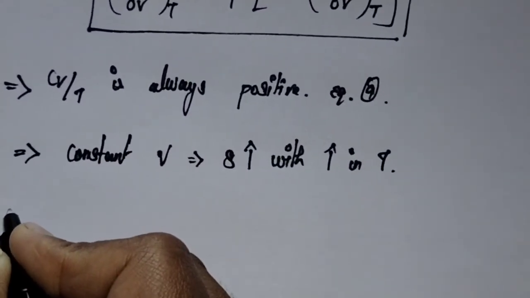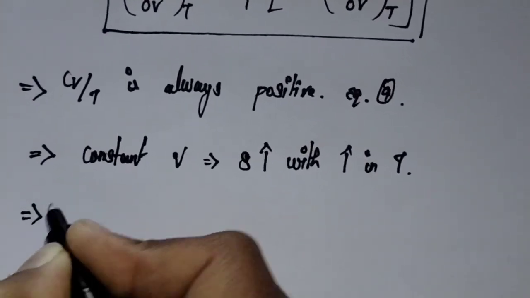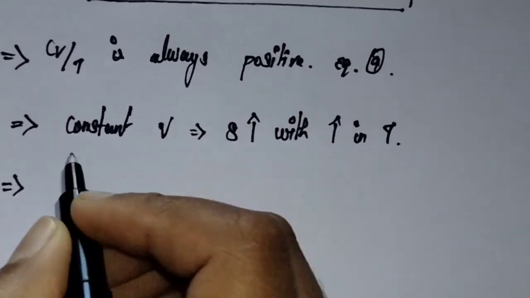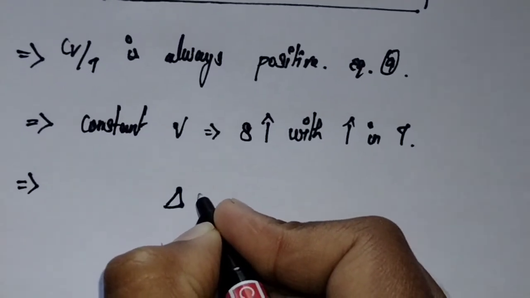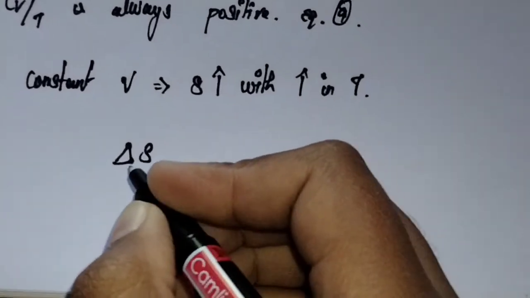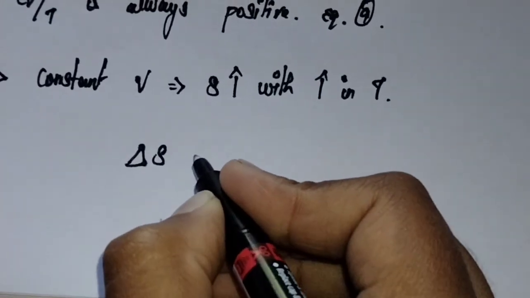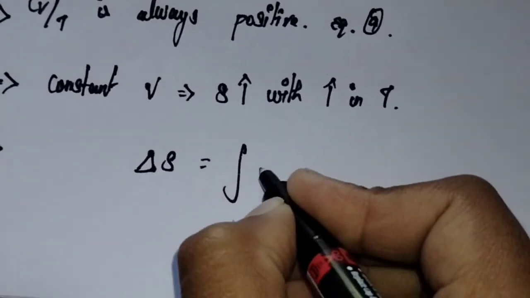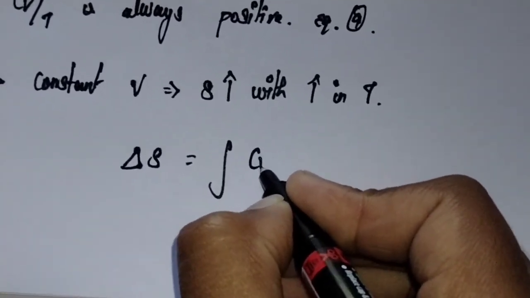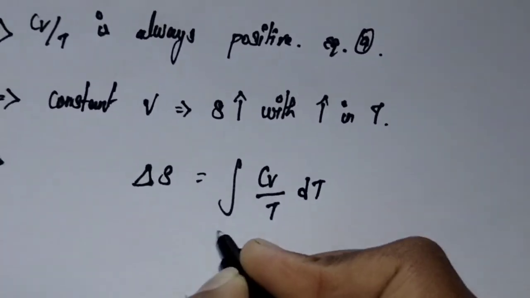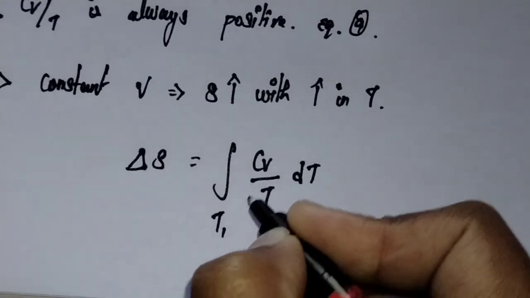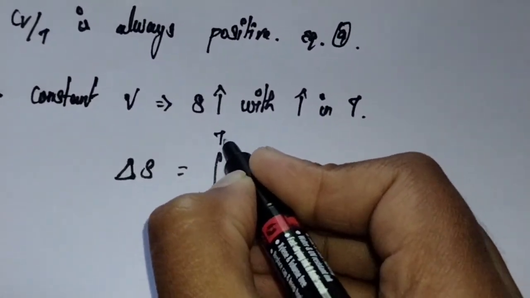And third, for a definite change in temperature at constant volume, delta S, the difference in entropy, is equal to the integration of CV by T into dT with limits of T1 and T2.